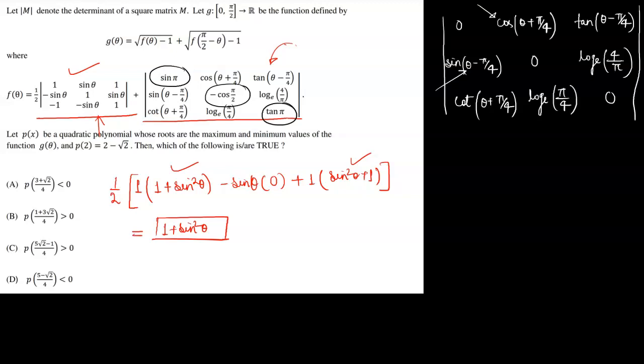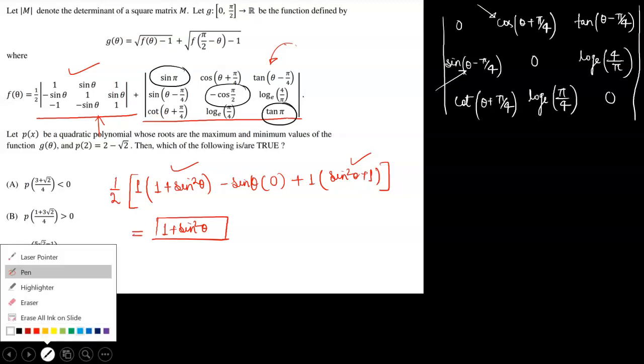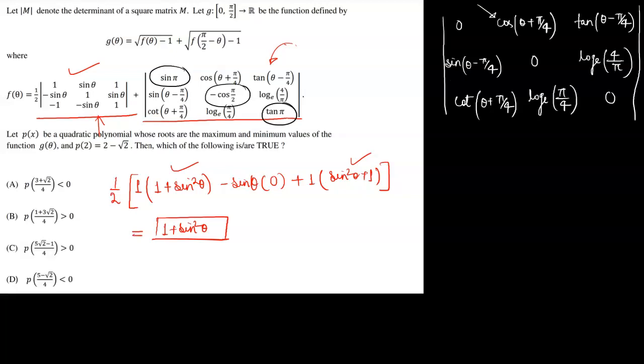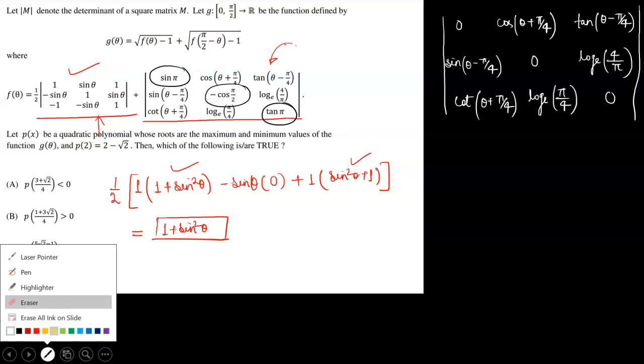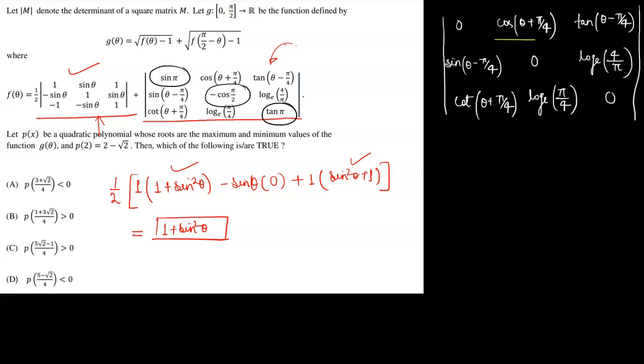After putting the values of sin pi by 4 and cos pi by 4 respectively, there will be the same expression. Let me highlight this. You may see that these two terms are going to be equal.